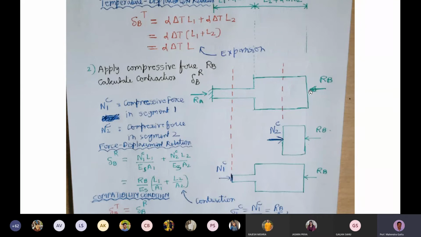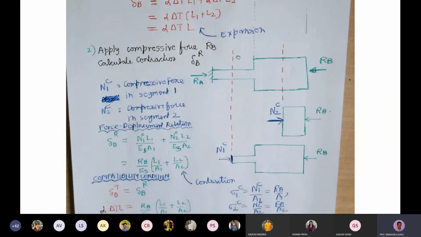So now we want to calculate the contraction due to RB in this problem. RB is acting to the left, so RA will balance it out. If you cut the cross section at any place in segment 1 or in segment 2, the compressive force will be the same, and it will be equal to RB. So here we are cutting segment 1, and looking at the free body diagram, RB is acting to the left, and N1C.